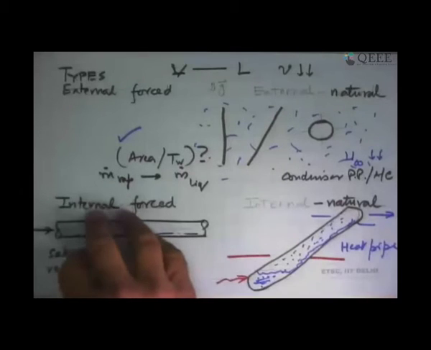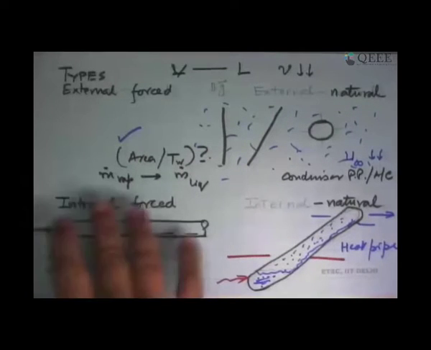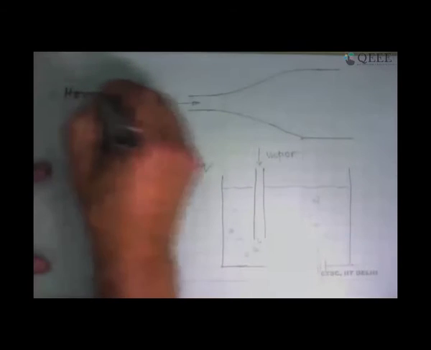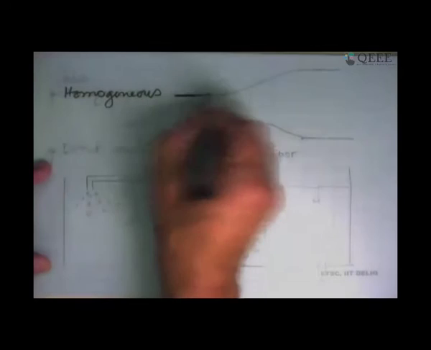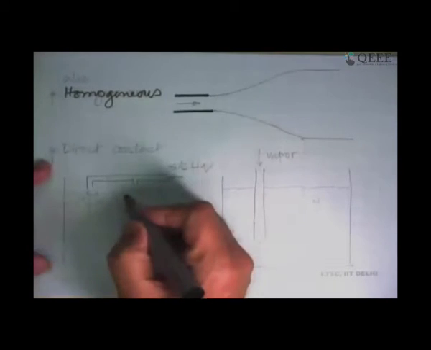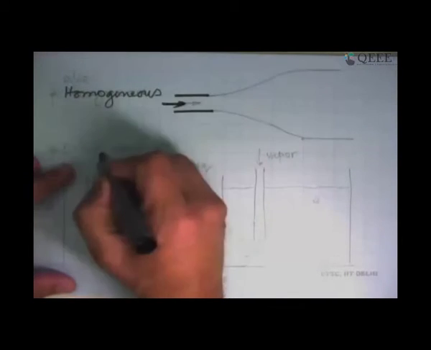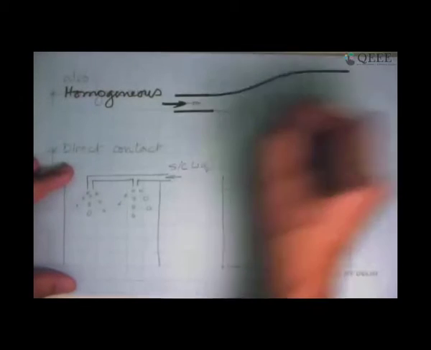There are others that we have, and it is good to know about these. The one is called homogeneous condensation. What one does here is that you have a saturated liquid or saturated vapor coming in, and then we suddenly expand it into a large area.